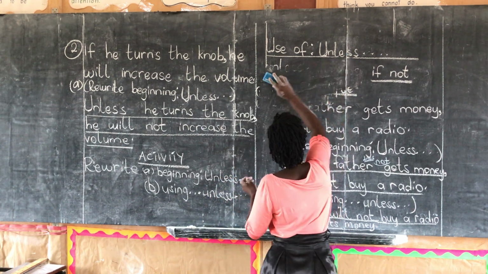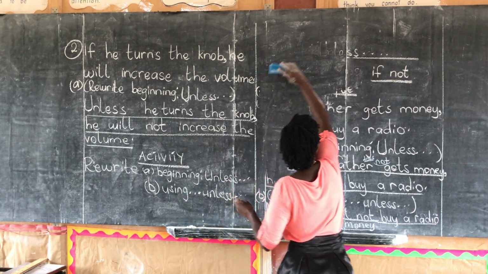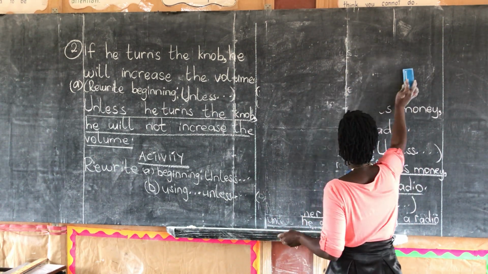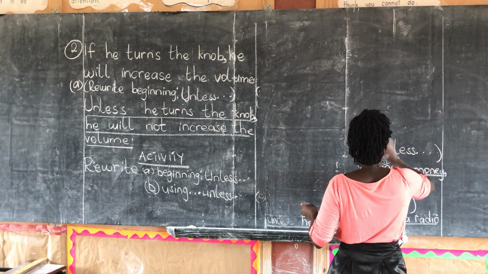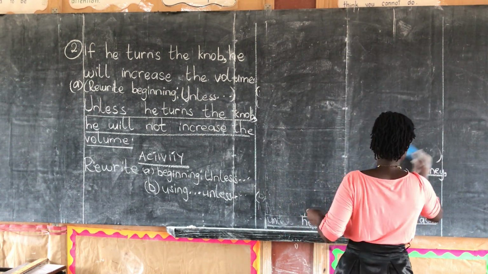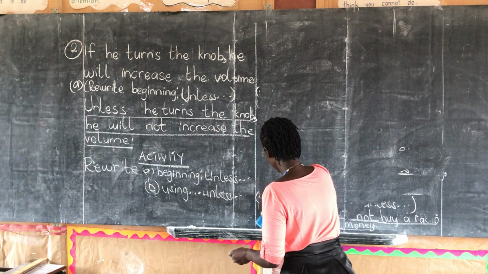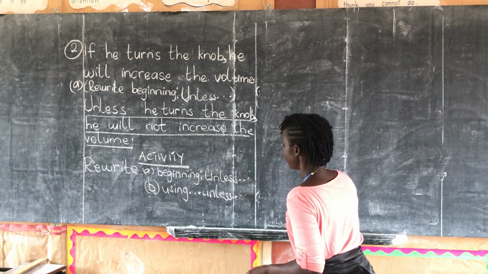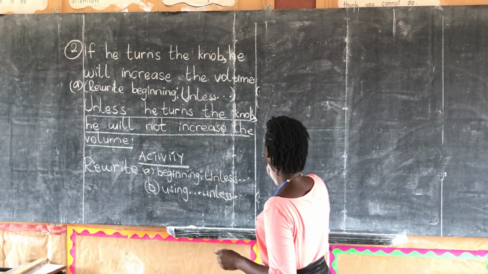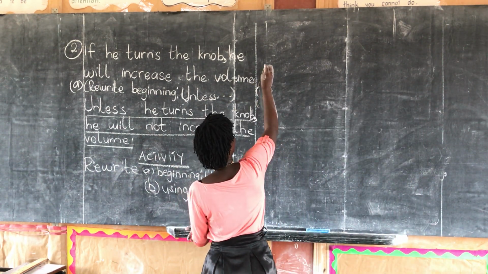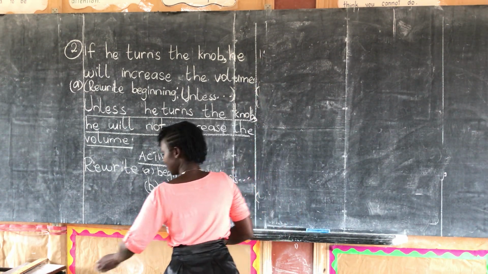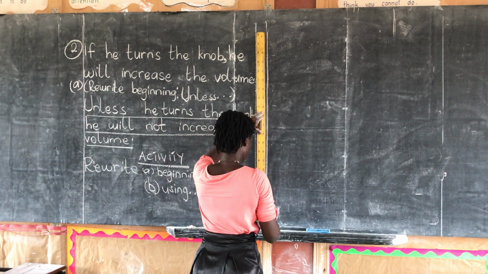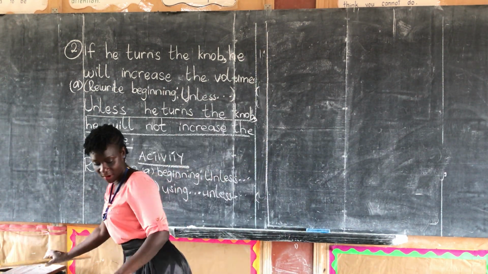In part A, you're beginning your answer with unless, and in part B, you're using unless in the middle. Each question must have two answers. So what is our number one?